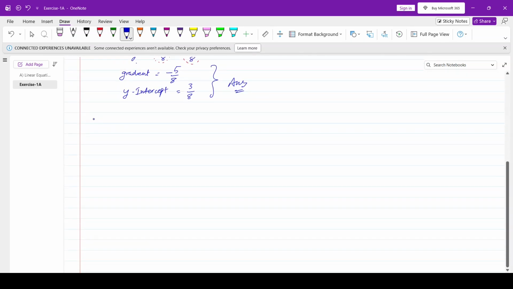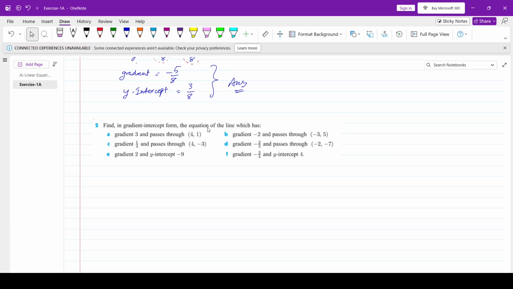We'll move on to question number 2. Find in gradient intercept form the equation of the line which has gradient 3 and passes through 4, 1. Now when we say gradient intercept form, I'll be solving only one out of the 6 given here. Let's say I'll be solving this one. Others you can solve yourself.